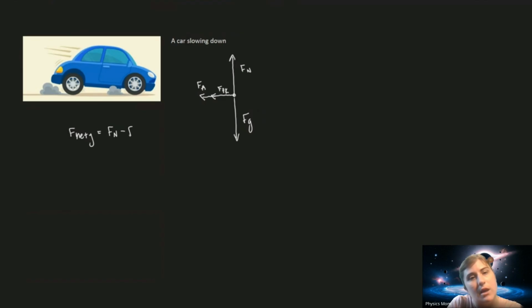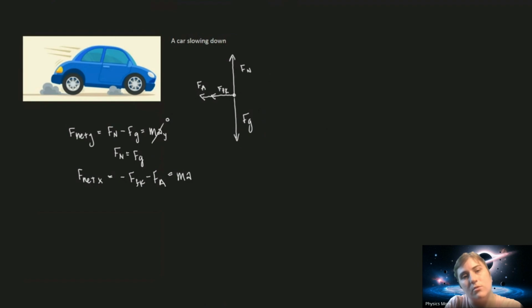So the net force in the y direction is the same. Fn minus Fg is going to equal ma_y, which is 0. Fn is equal to Fg. Then the net force in the x direction in this case is going to equal negative Fk minus Fa, and that's going to equal the mass times the acceleration in the x direction.